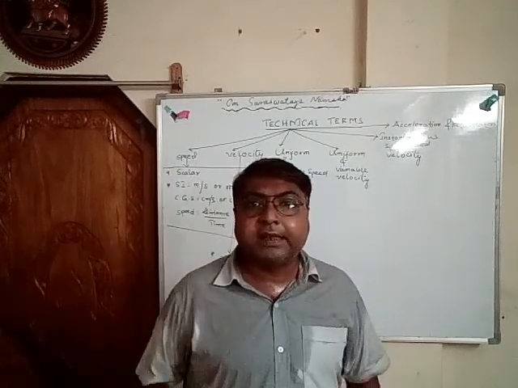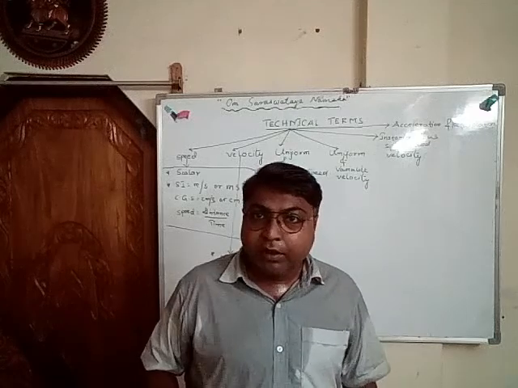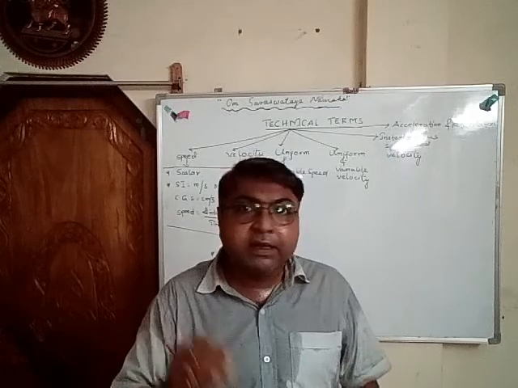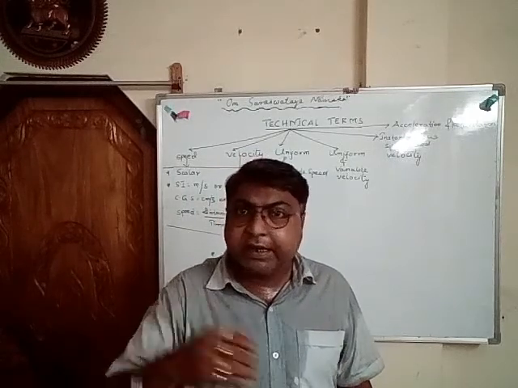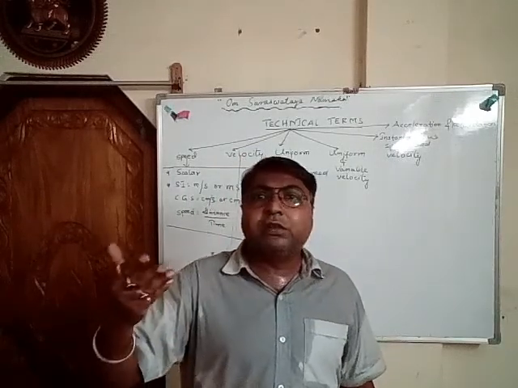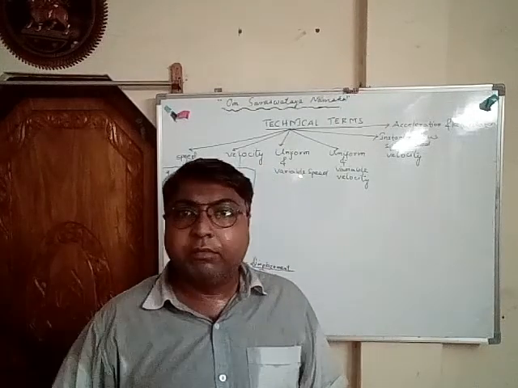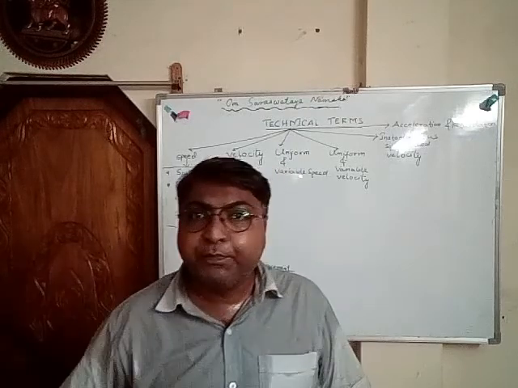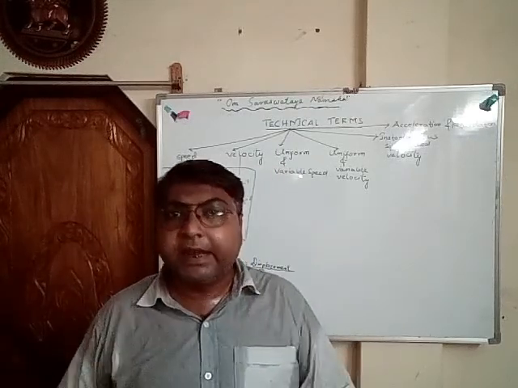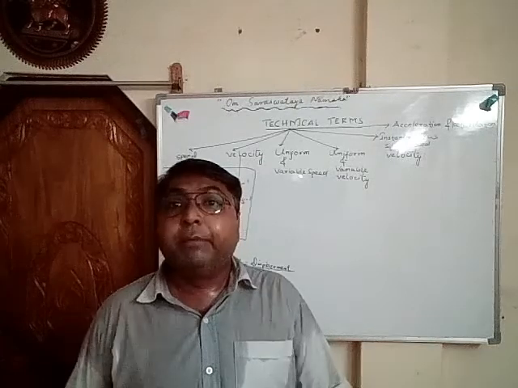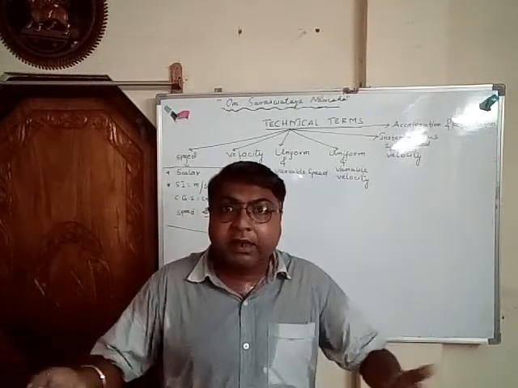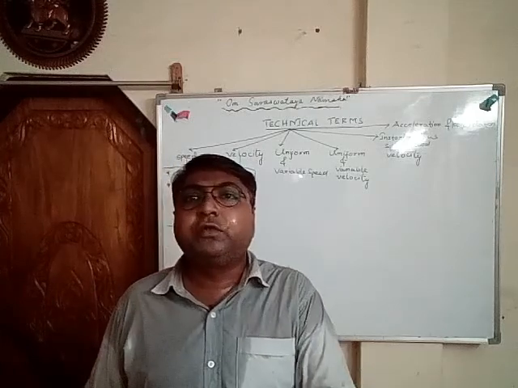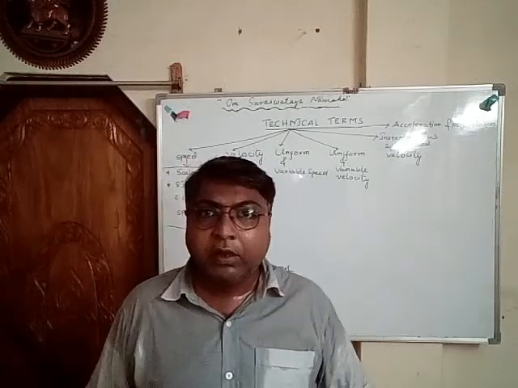Now when he presses the accelerator, one thing happens. The velocity of the body increases with time. It doesn't decrease with time. So whenever the velocity of a body increases with time, we say that the body is having acceleration. But while writing the definition, how do you write? Acceleration is nothing but rate of change of velocity with time.